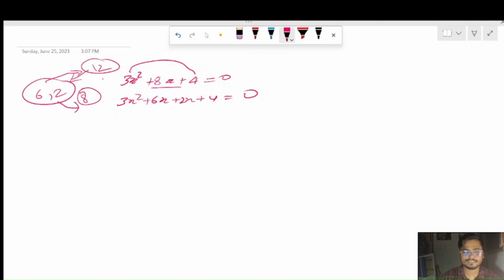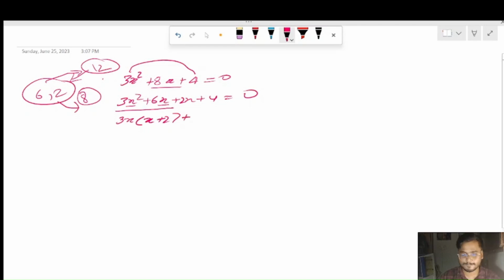Now what can we take common here? Take 3x common from the first two terms, and the remaining term becomes x plus 2, since dividing 6x by 3x gives 2. Look, I am teaching you from the very basic.